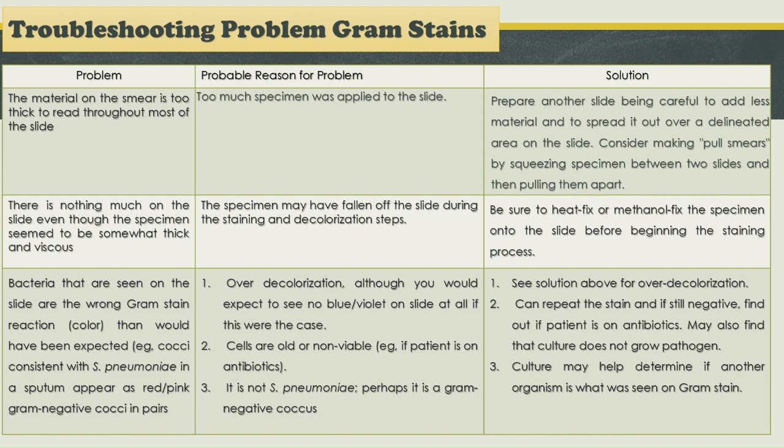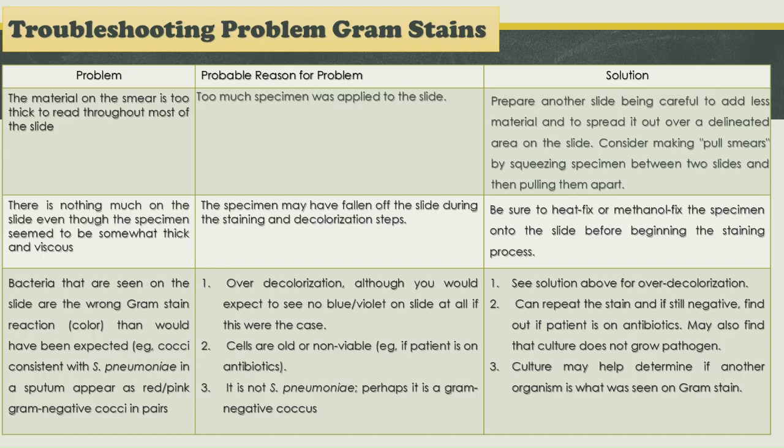Problem: bacteria that are seen on the slide are the wrong gram stain reaction, color, than would have been expected, e.g., cocci consistent with S. pneumoniae in a sputum appear as red/pink gram-negative cocci in pairs. Probable reason for problem: 1. Over-decolorization, although you would expect to see no blue/violet on slide at all if this were the case. 2.